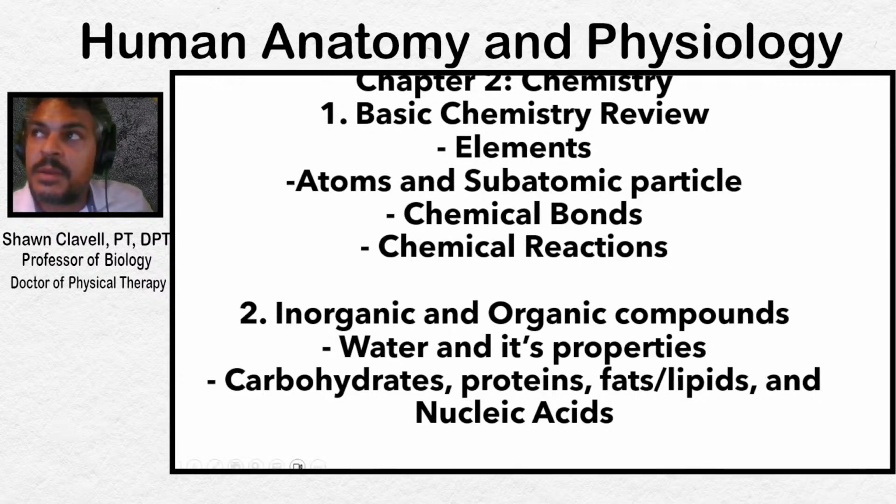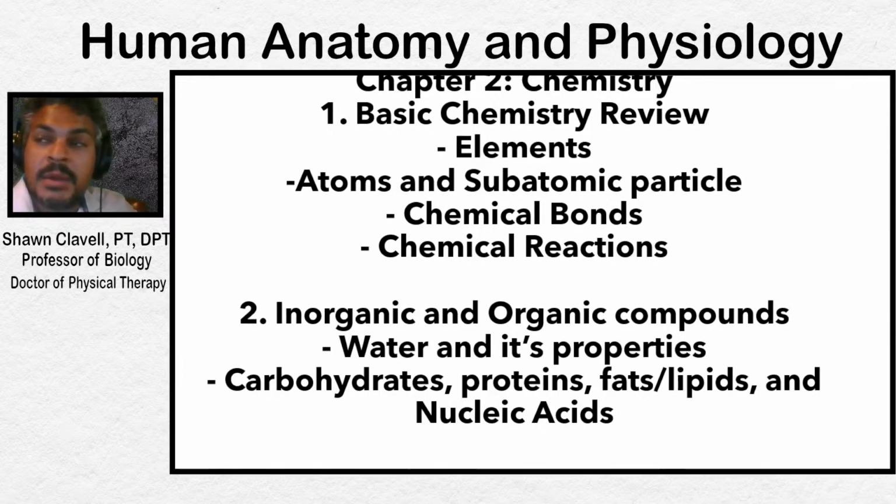Know some basics about the elements, particularly the elements that make up a majority of the body by mass, and the structure of those elements. They're made up of subatomic particles that include electrons, neutrons, and protons. Where are they located? What is their relative mass? And how ultimately does the interaction of electrons allow for chemical bonds to occur?